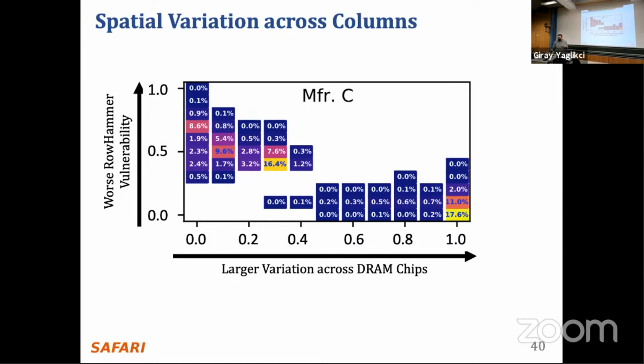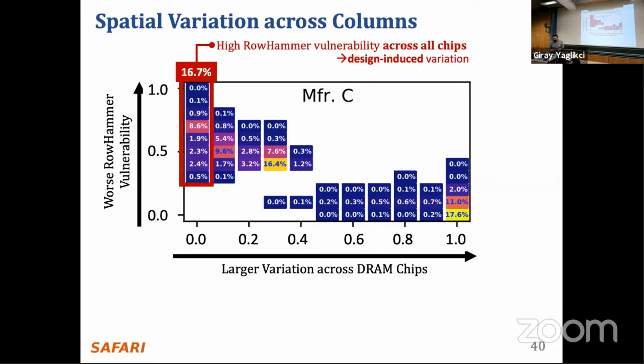And this plot again shows a population density for DRAM rows that follow a particular trend here. If we want to give an example, when you sum up all these values in this column, you reach 16.7%, which is the fraction of the rows that show a high RowHammer vulnerability across all DRAM chips.